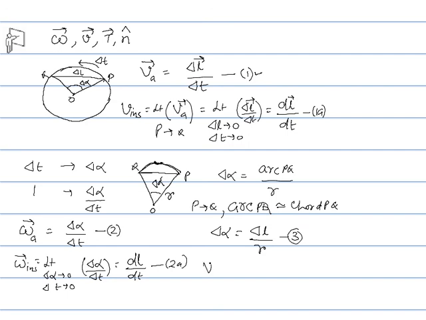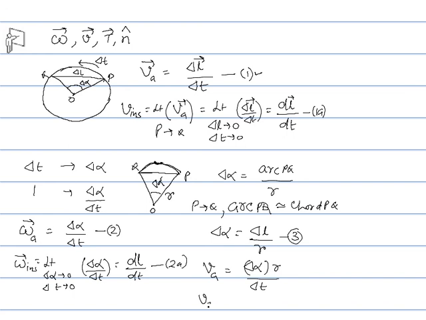Equation 1 states that the average velocity is delta L by delta T, and delta L is nothing but delta alpha into R. So delta alpha into R by delta T, and delta alpha by delta T, from equation 2, is omega average.